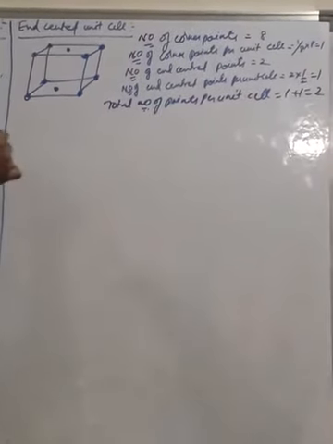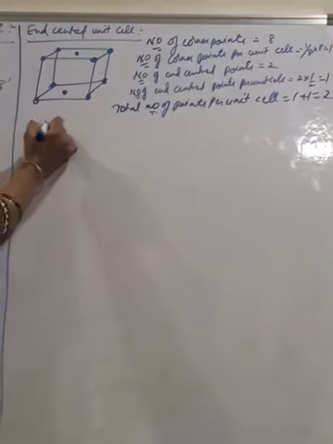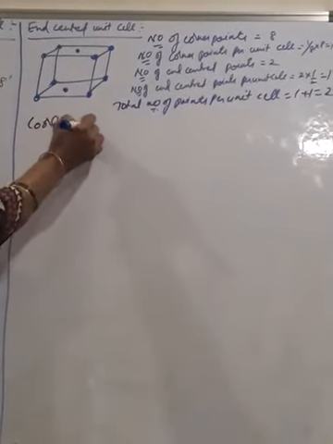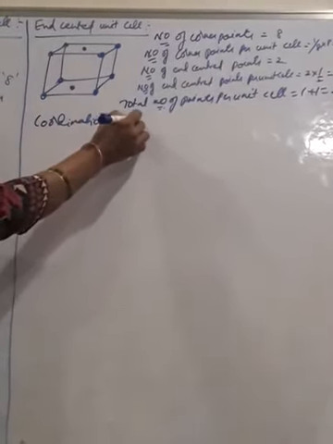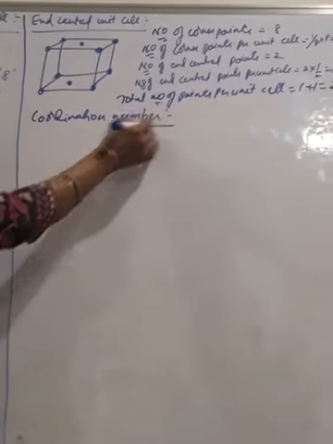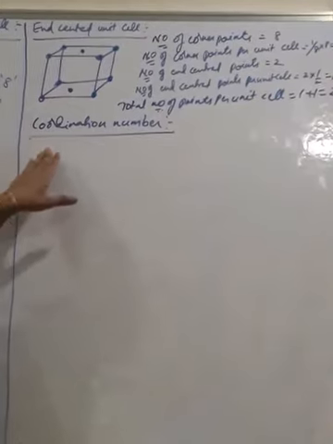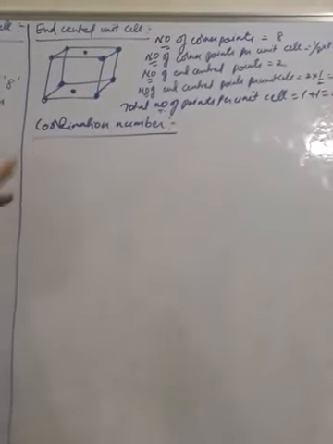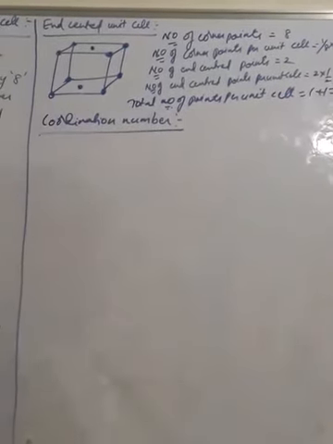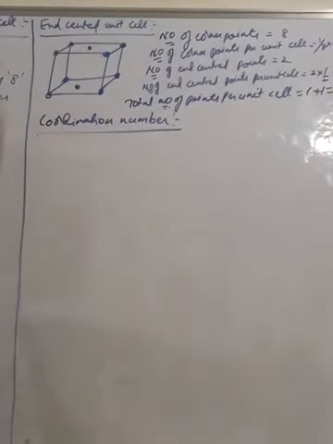Next coming to coordination number. So coordination number is the number of atoms or ions which are present around a particular atom or ion.